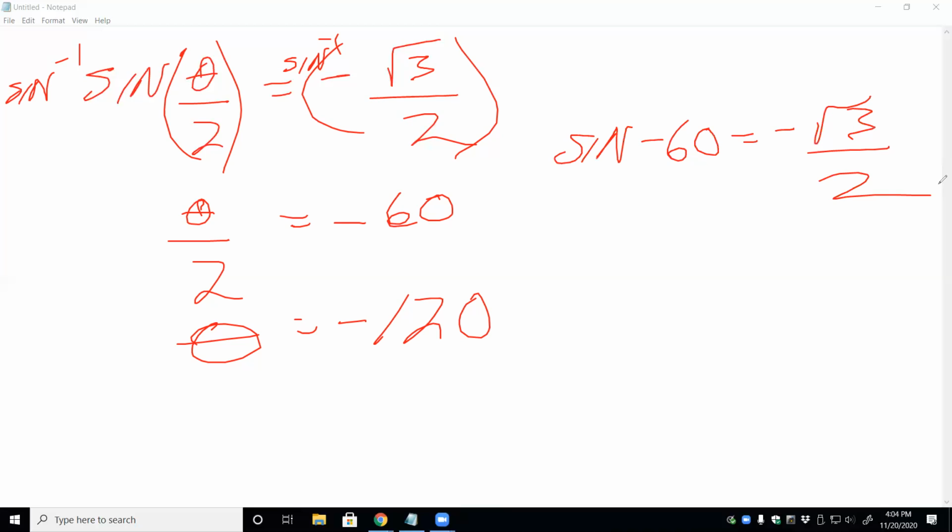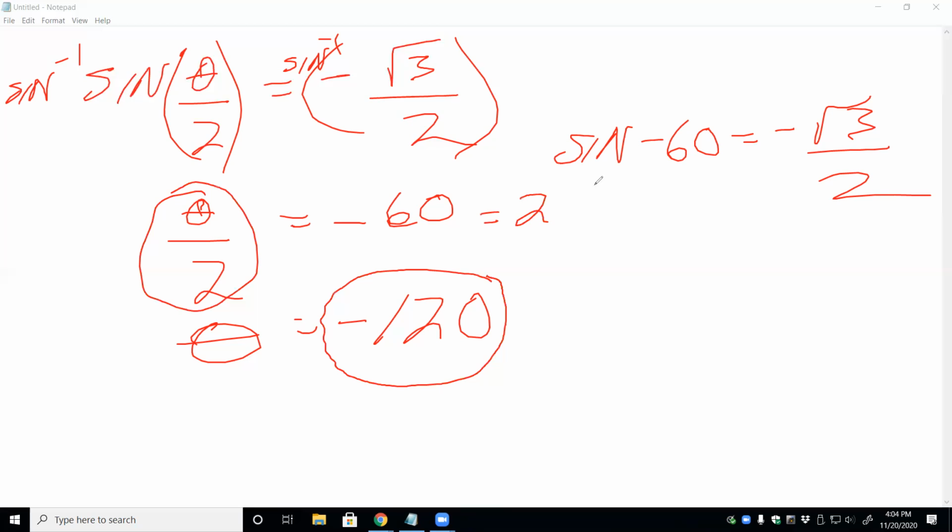Now, did they give you some domain restrictions for this? No. Not particularly. Because there's also a third quadrant answer. In other words, theta over 2, let's go back to here, it's not just minus 60 degrees, it's also 240 degrees. I think I have that right.